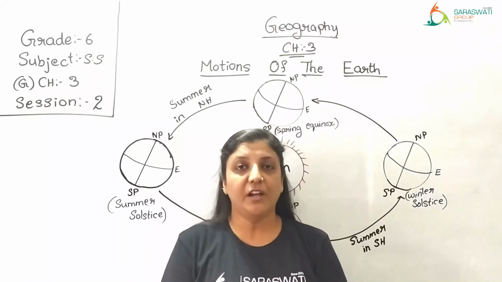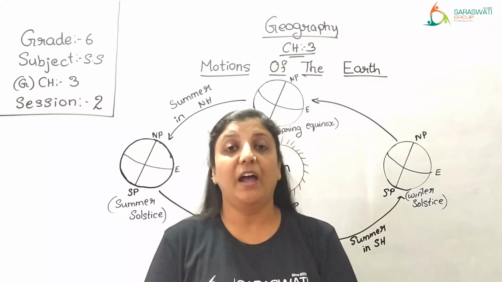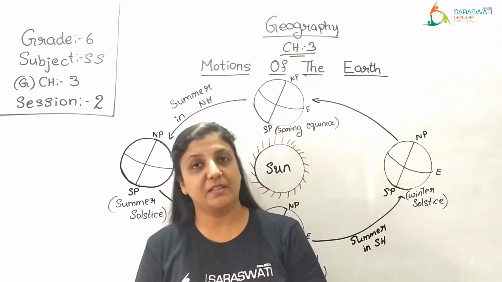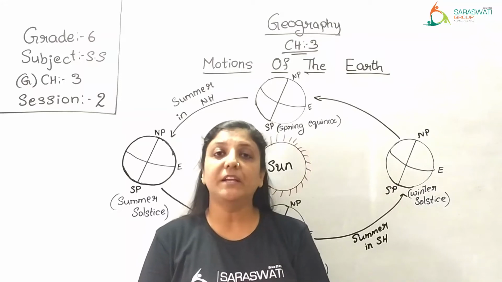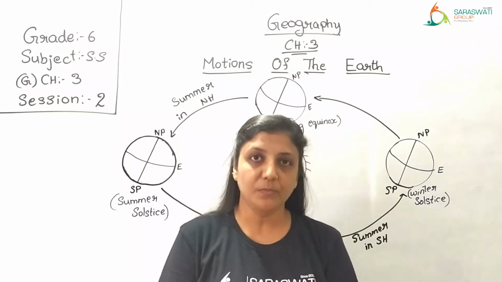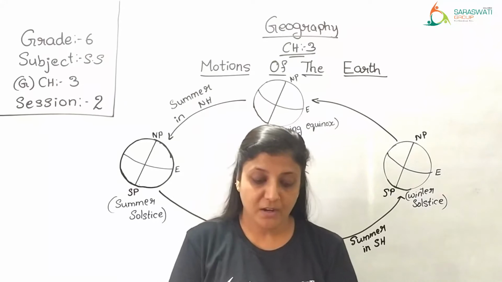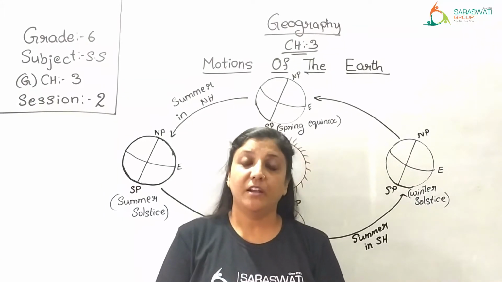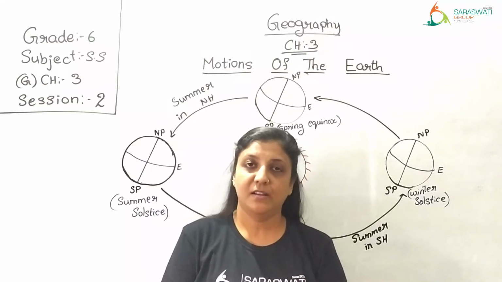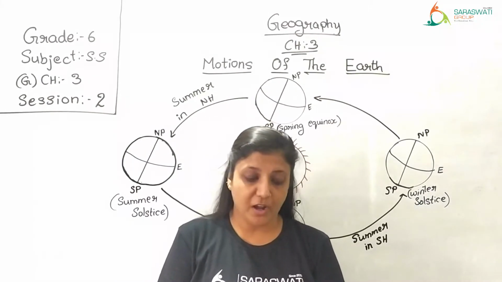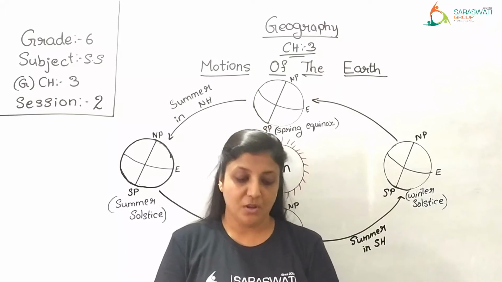It takes 365 and a quarter days, or you can say 365 days and 6 hours, to complete one revolution. And it causes changes in season. Then what are the effects of revolution?